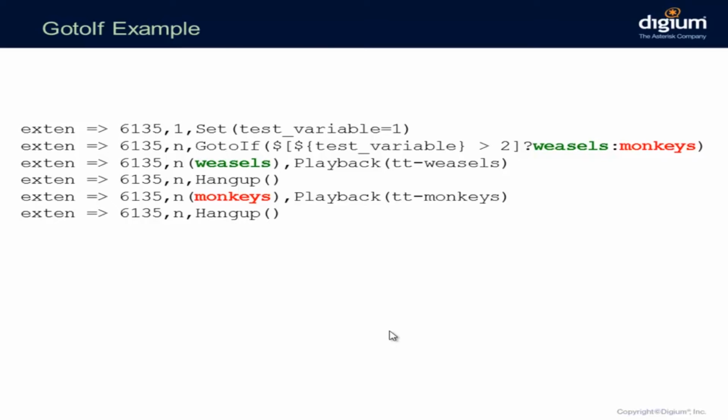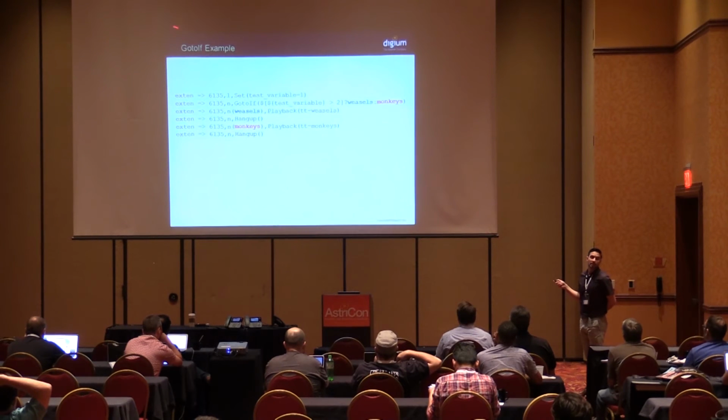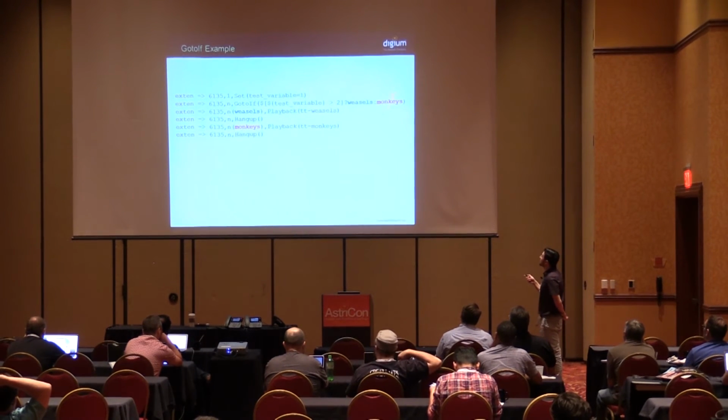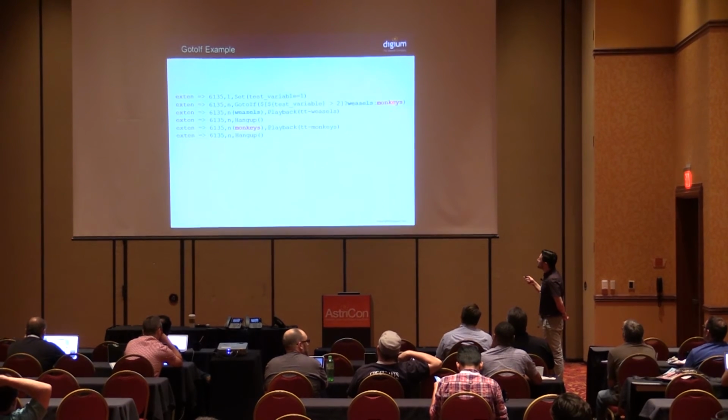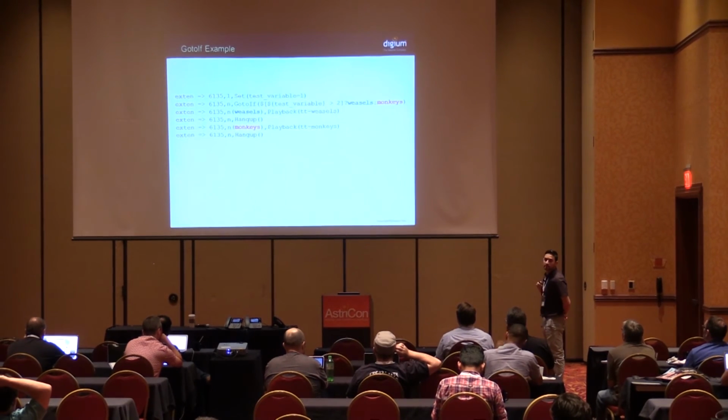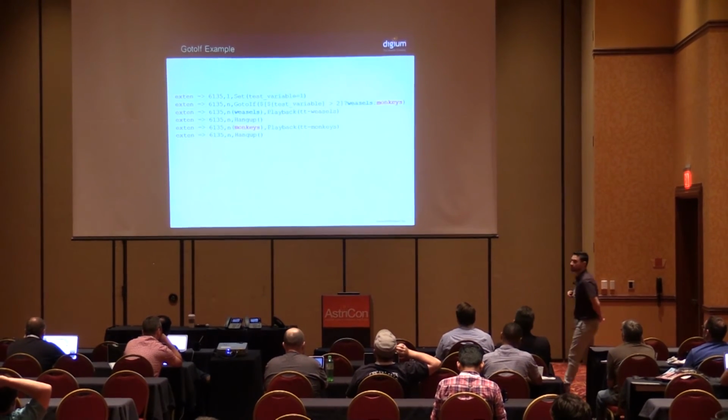GotoIf: is test variable greater than 2? No. We all agree, right? It's not greater than 2. So it goes here. It's going to look for a label named monkeys. It's going to find that here, and it's going to play back tt-monkeys. Good?